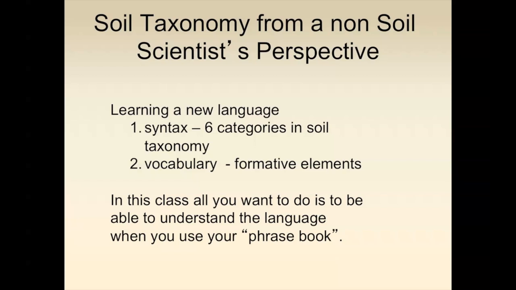We're going to look at soil taxonomy from a non-soil scientist perspective. It's like learning a new language, and the syntax, if you will, is simply the 6 categories in soil taxonomy. The vocabulary that you have are those formative elements, and you will see a number of them in Conklin and Fransmeyer chapter 10.